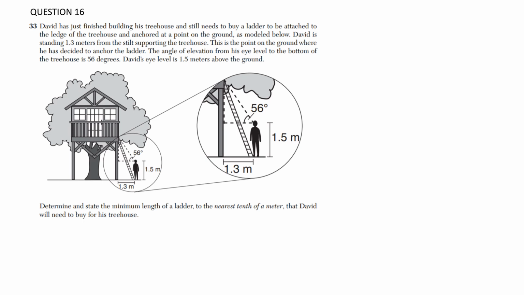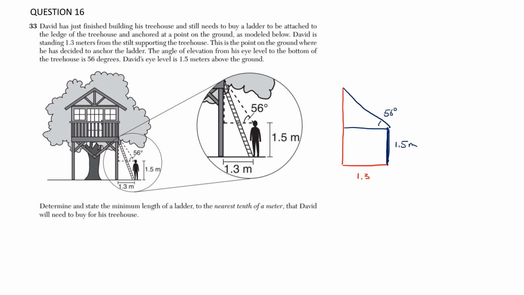So what information are we given? We're given that the base of the ladder is 1.3 meters away, and so is David in this case. I'll model him here with just a stick. And we know that David is 1.5 meters tall. And from his observation, this is 56 degrees.